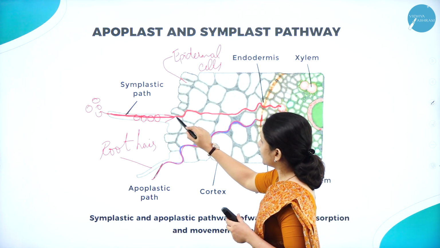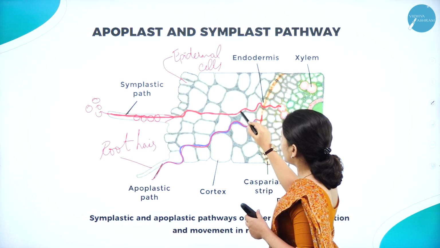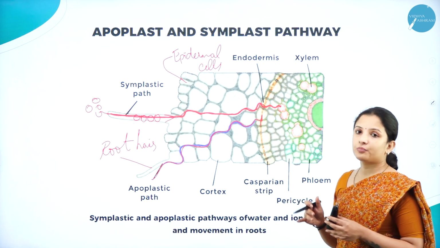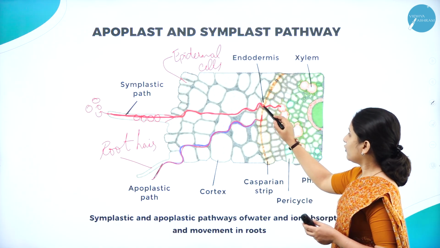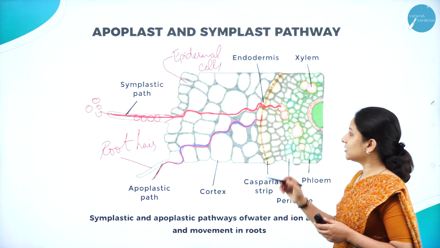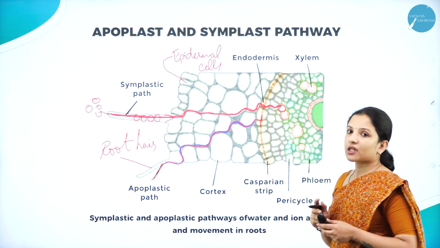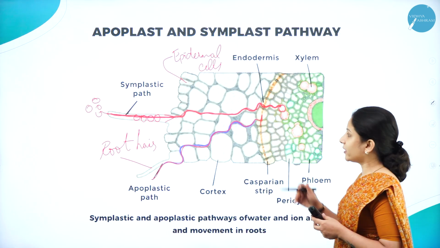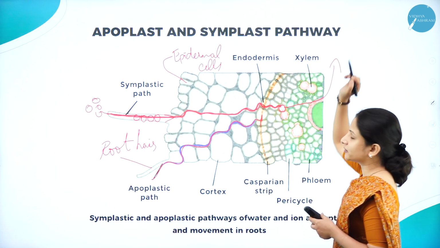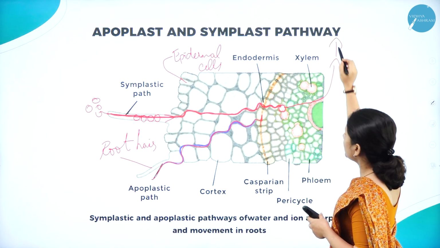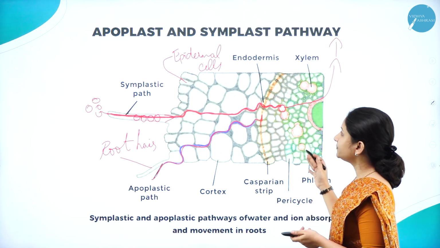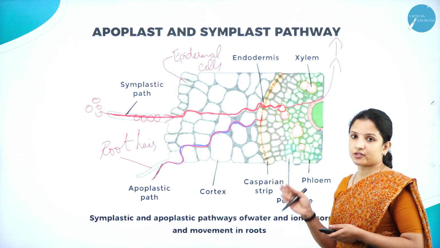Since they are traveling through the plasma membrane, they don't have to pass through the cell wall here. Therefore, they directly enter the endodermis, pass through the pericycle, and then enter into the xylem, which is the water conducting tissue, and this xylem will transport the water to the upper parts of the plant. To the upper parts, it will be transferred by root pressure and transpiration pull. So this is how the apoplast and the symplast pathway occur.